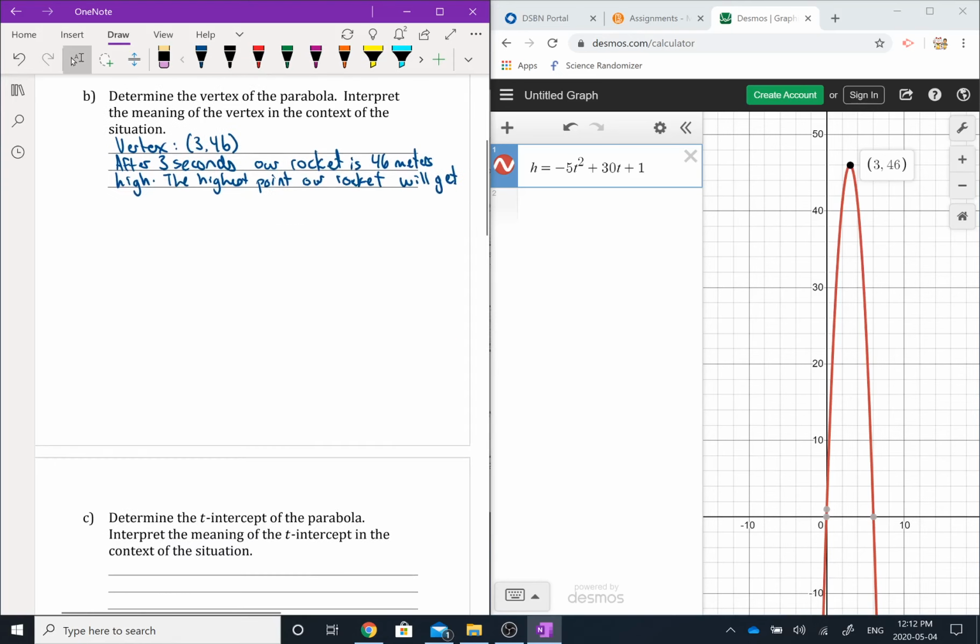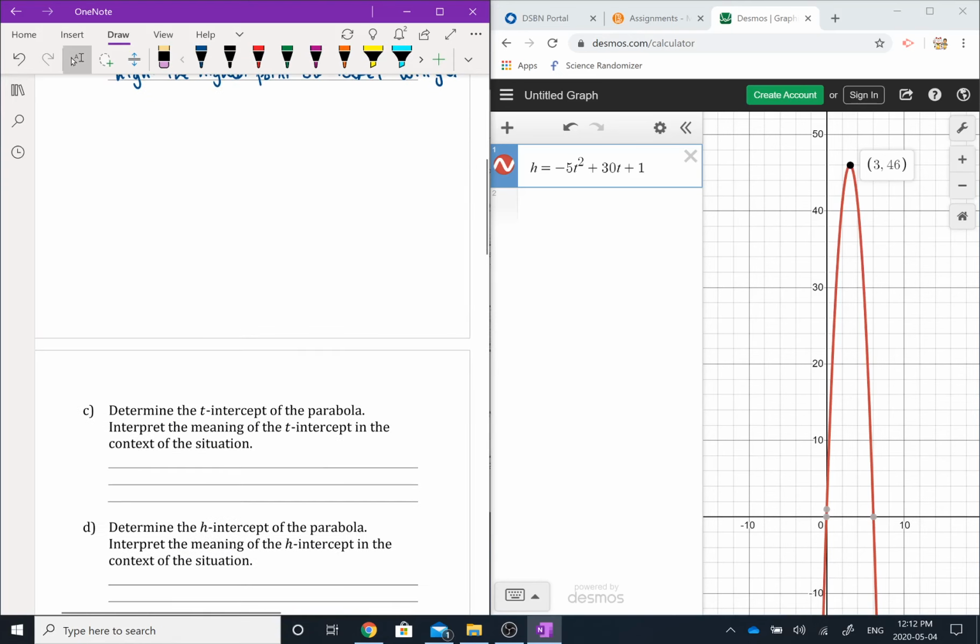Moving on to the next question. Determine the t-intercept of the parabola. Interpret the meaning of the t-intercept in the context of the situation. While they're referring to t, this is basically just saying the x-intercepts. But because we're using t in the equation, that's why they're talking about t. If we look at these, we can see one that's negative and one that's positive.